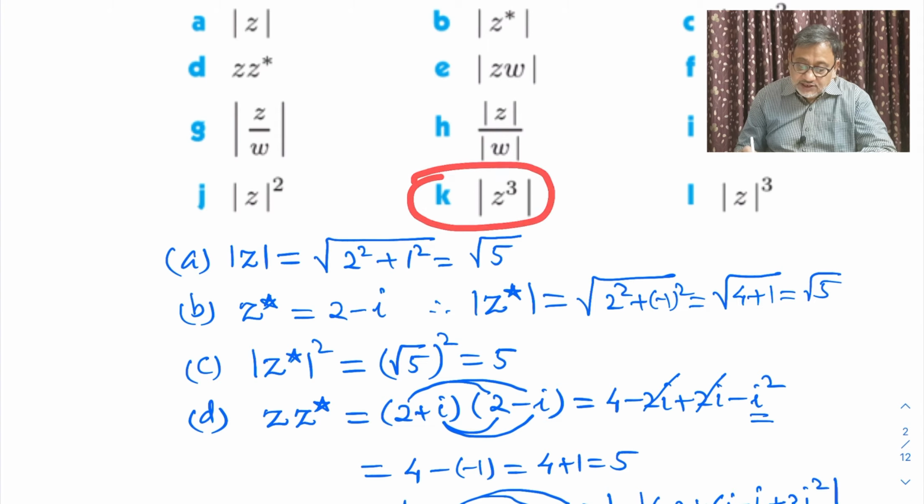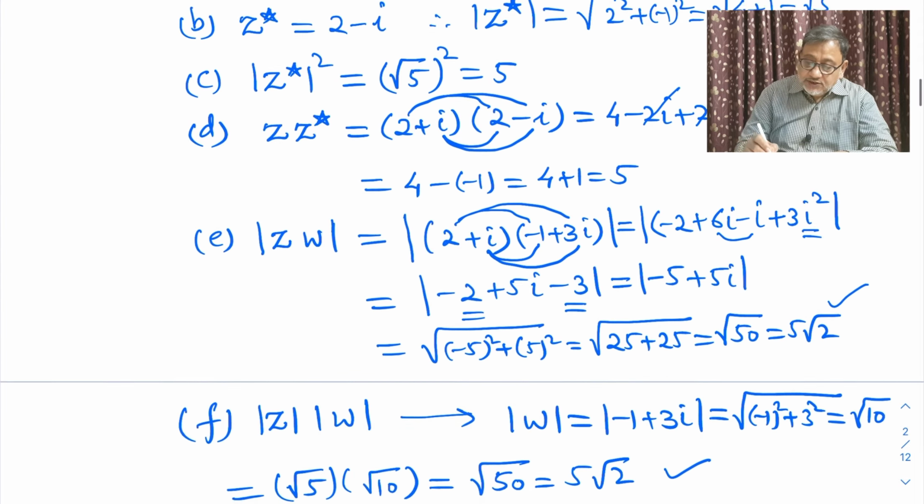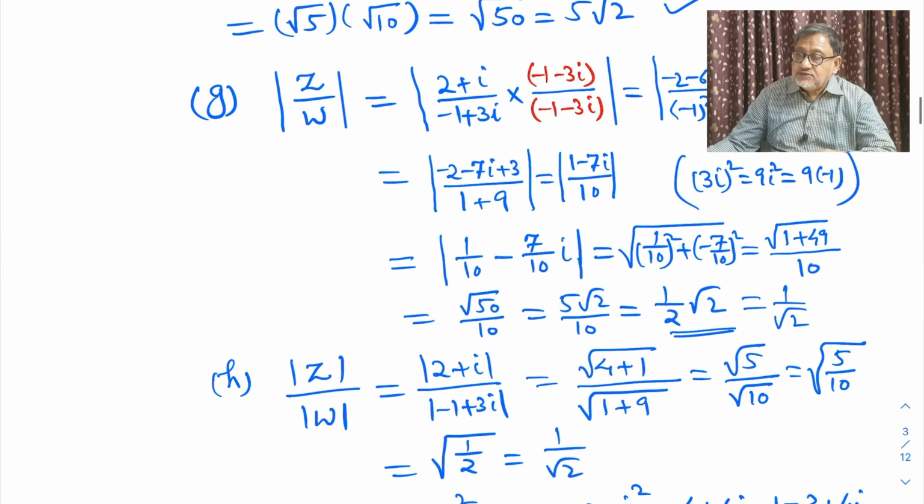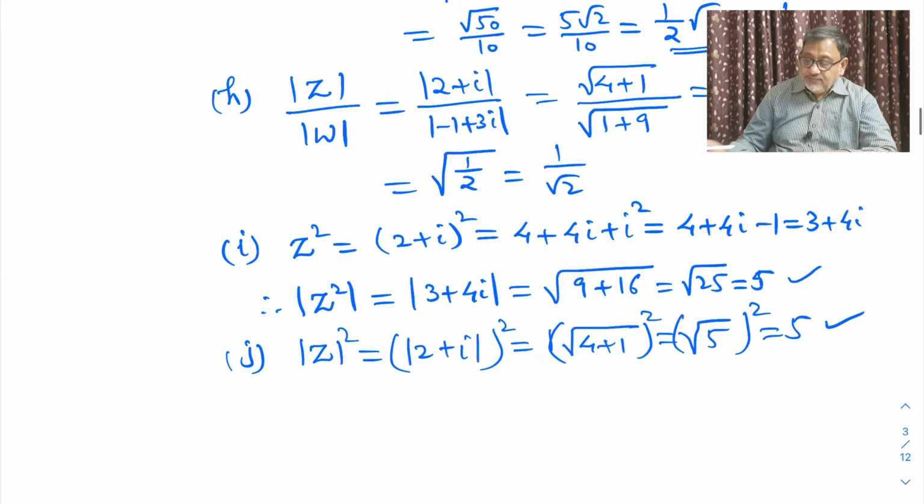Okay, after j, I will find k, modulus of z cube. So for modulus of z cube, first I will find z cube. So for that, let me find z cube first.